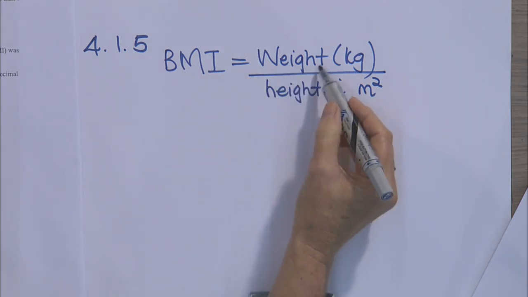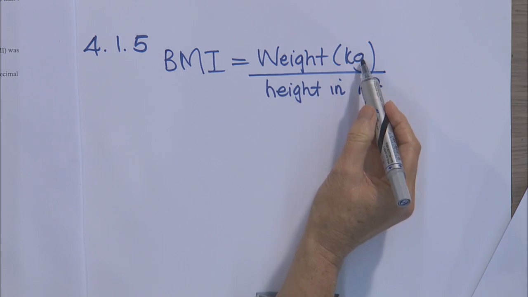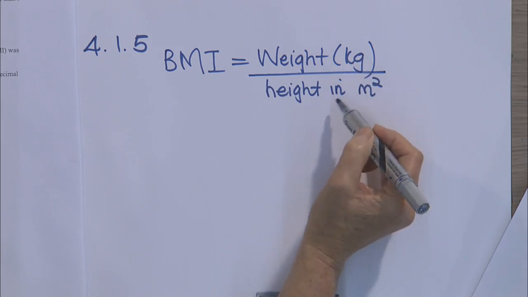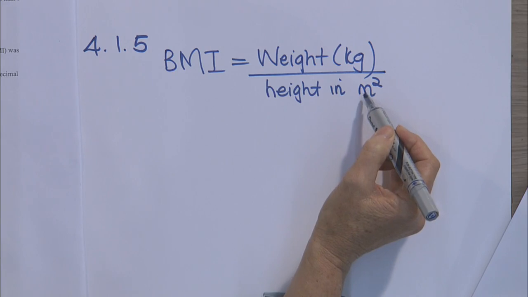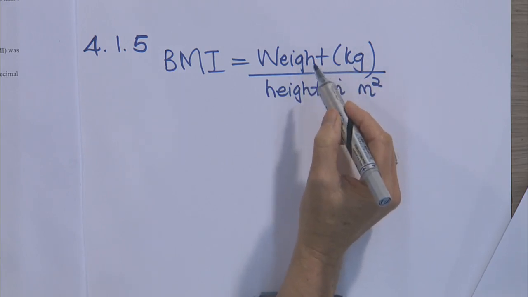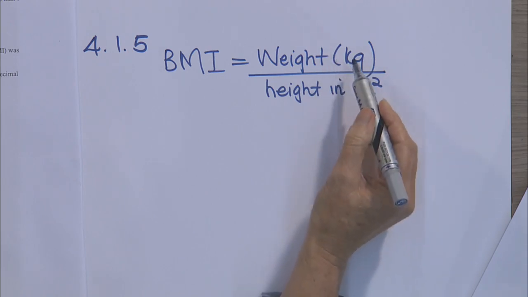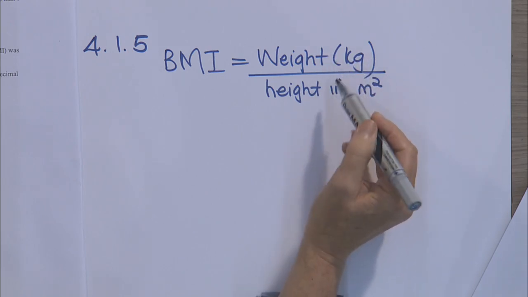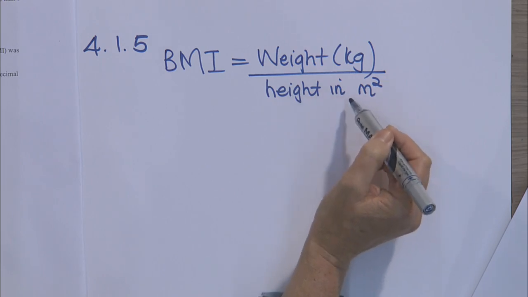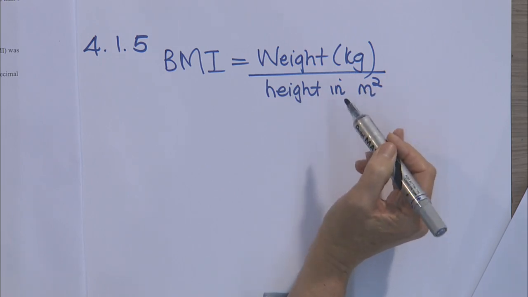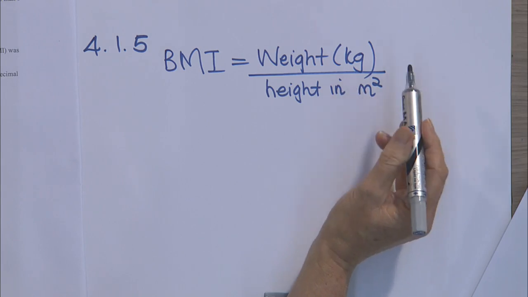What's very important is to know that weight is always in kilograms, height is always in meters. If they give you the weight of someone in grams, then you need to convert it to kilograms. If they give you the height of someone in centimeters, then you first need to convert it to meters.